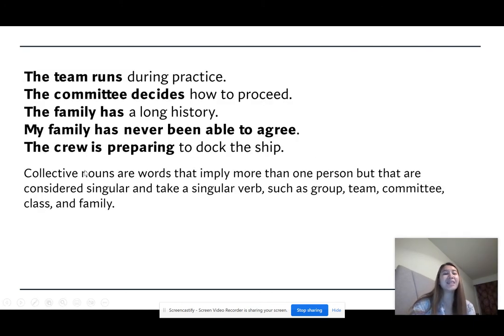Collective nouns are words that imply more than one person but are considered singular and take singular verbs, such as group, team, committee, class, or family. Collective, it's a group. We have a lot of people involved, but they act as one.